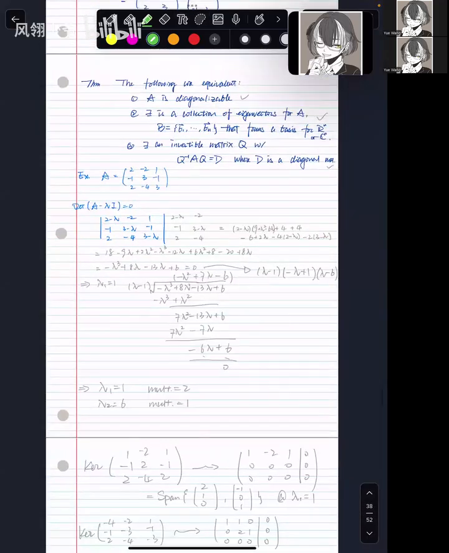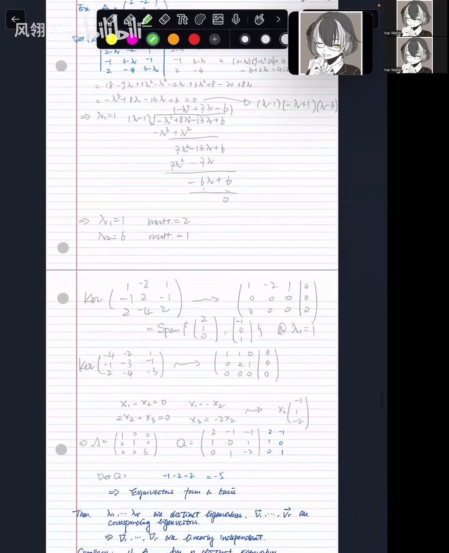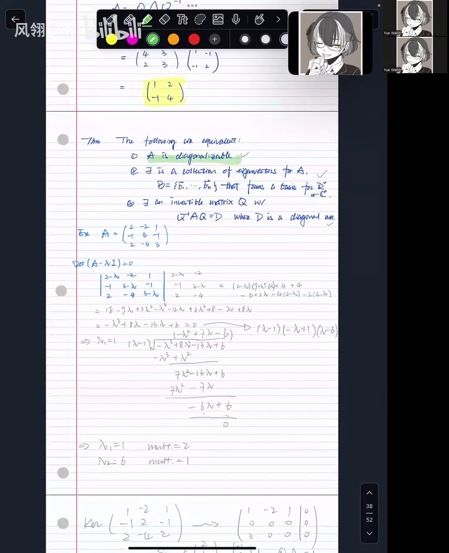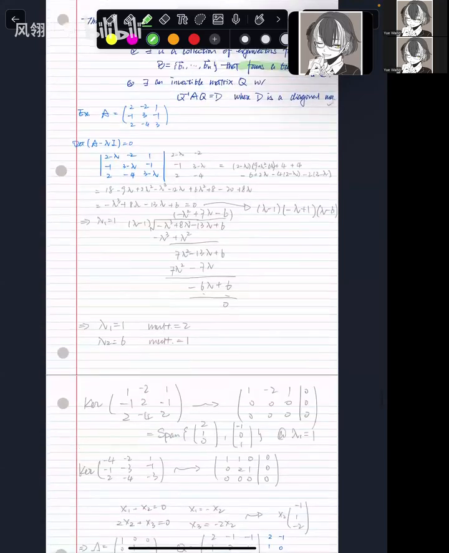So for this one, we know that lambda 1 has an algebraic multiplicity of 2. It has a geometric multiplicity of 2 as well. And lambda 2 equals 6 has an algebraic multiplicity of 1, and it also has a geometric multiplicity of 1. So that means it is diagonalizable, and it forms a basis, as we verified here.